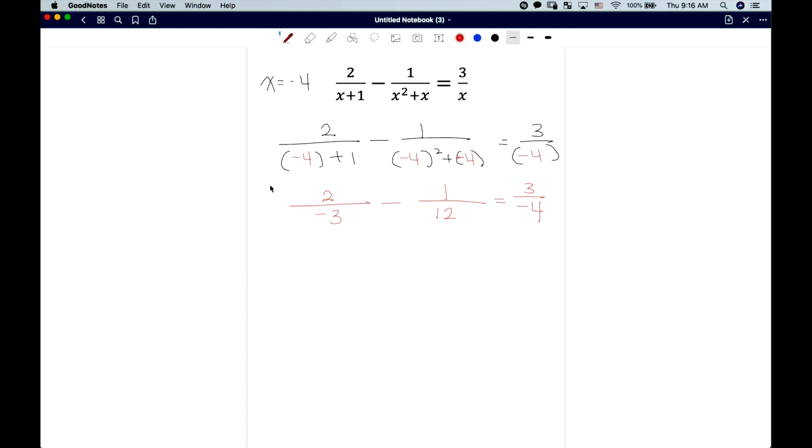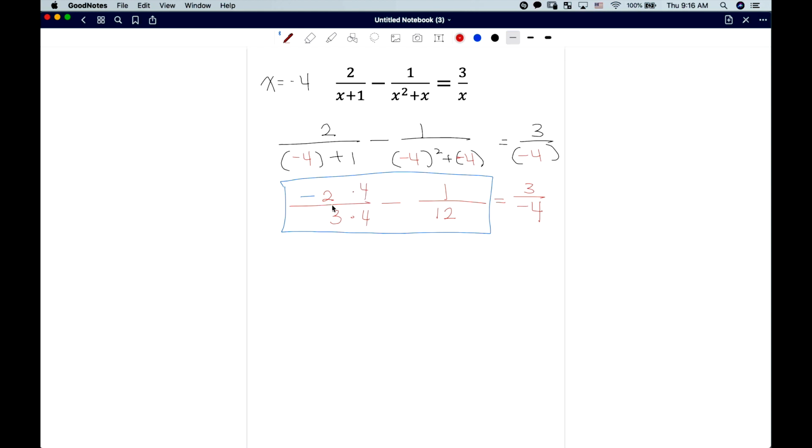Okay, so let's look here. It wants us to subtract these two fractions. So I'm only just going to worry about that. If I need to add or subtract fractions, I need the same denominator. Let me actually give this negative to the 2 so I don't have to worry about it. I can turn 3 into a 12 by multiplying 4.